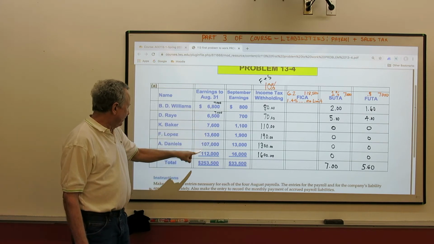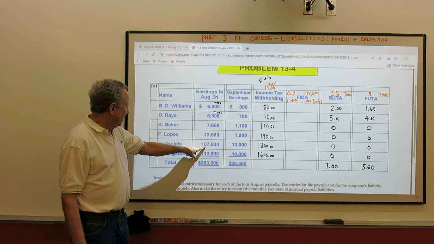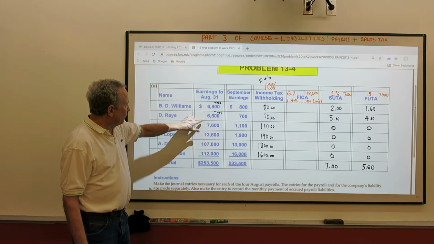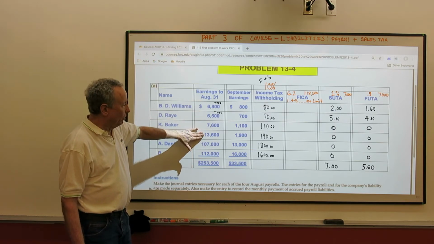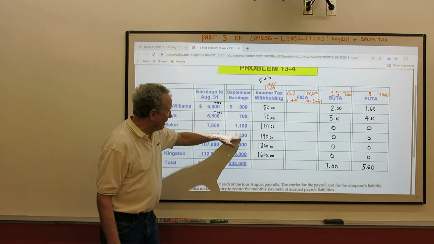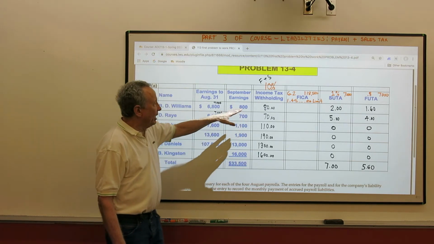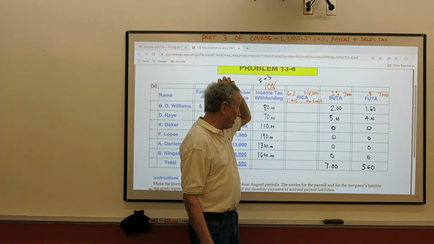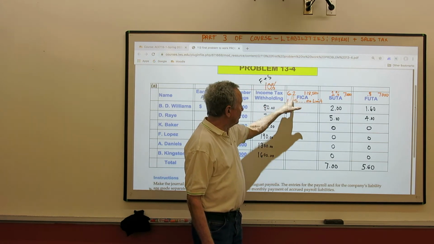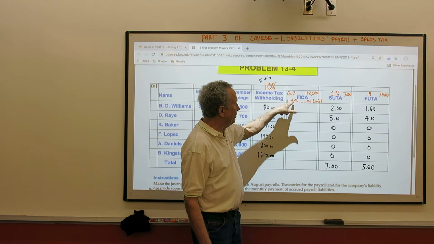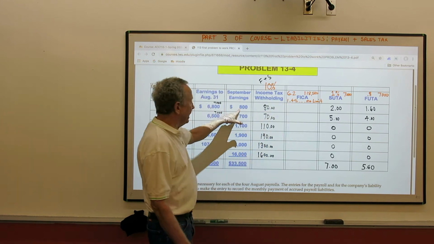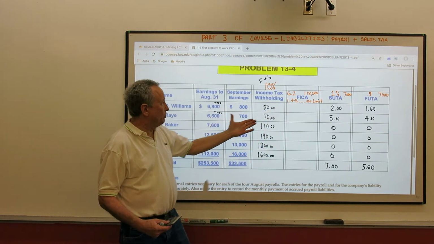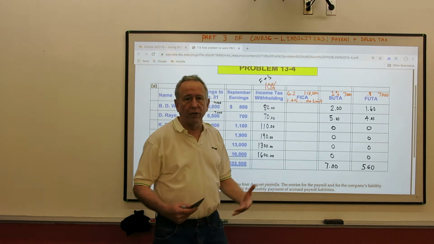So's F. Lopez. Uh-oh, this guy's getting close, Daniels. Well, these first four are so far below 118, they're not making that much. They clearly are not anywhere near this threshold. So we can simply do a shortcut. We can just take the 6.2 and the 1.45, add them together, and then multiply it by the $800. They're going to be exposed to both these taxes. They're not anywhere near the limit.